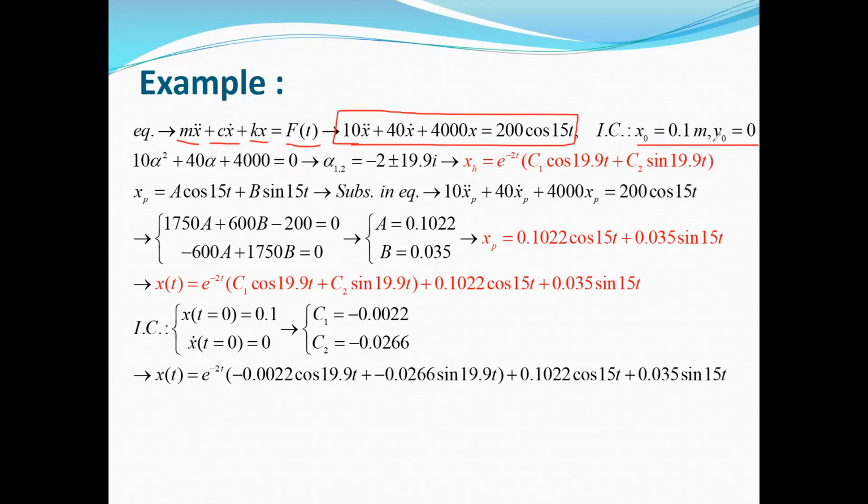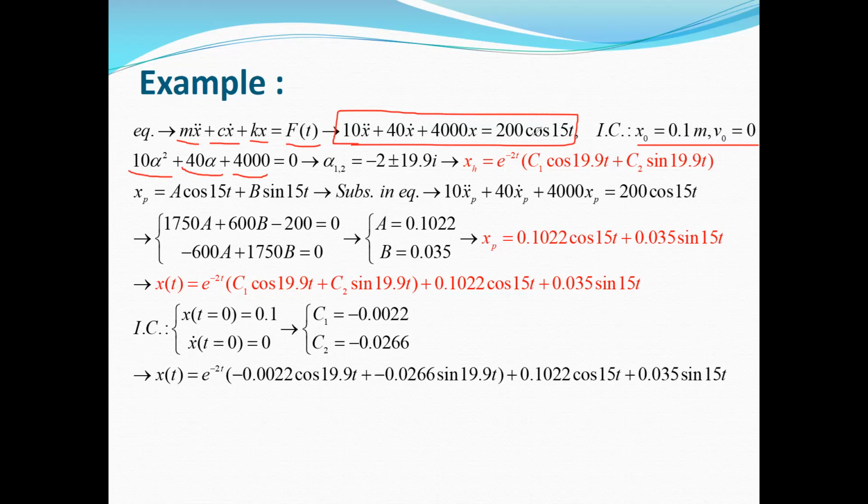So to obtain the homogeneous response, we need to form the characteristic equation. The characteristic equation is the coefficient of x double dot multiplied by alpha squared plus the coefficient of x dot multiplied by alpha plus the coefficient of x, and it's equal to 0 because we are solving the homogeneous equation.